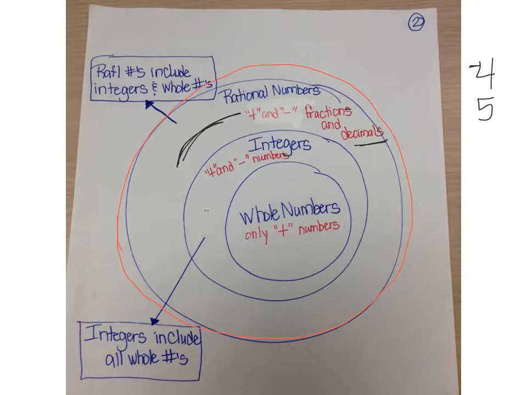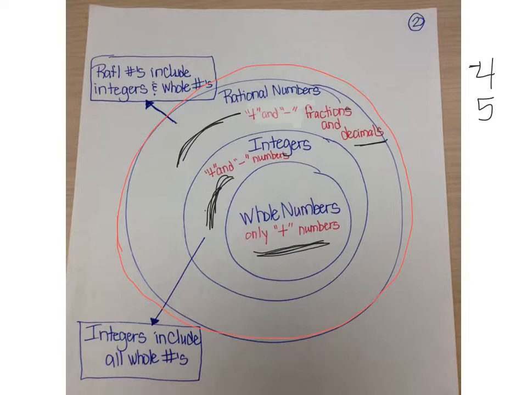So positive and negative whole numbers go in here, okay, in this second circle, all right? And then in the very center, you have whole numbers, but it is only whole positive numbers. You can't have anything that's negative in the very, very center, okay? So that would be everything, all the whole numbers to the right of 0, okay?